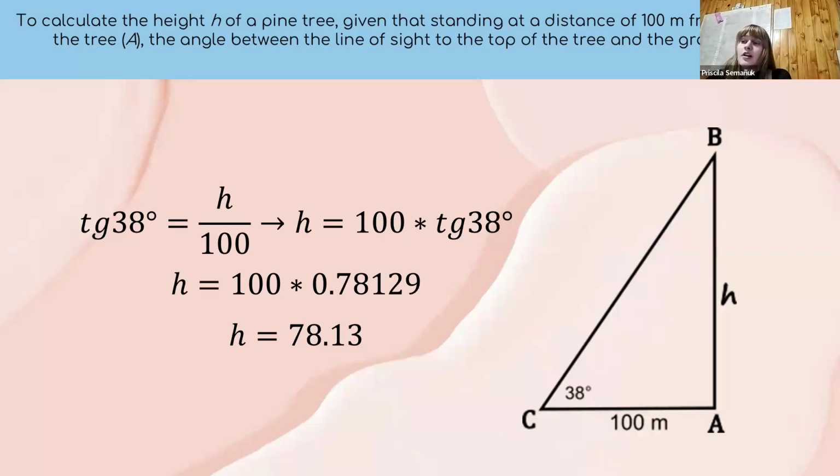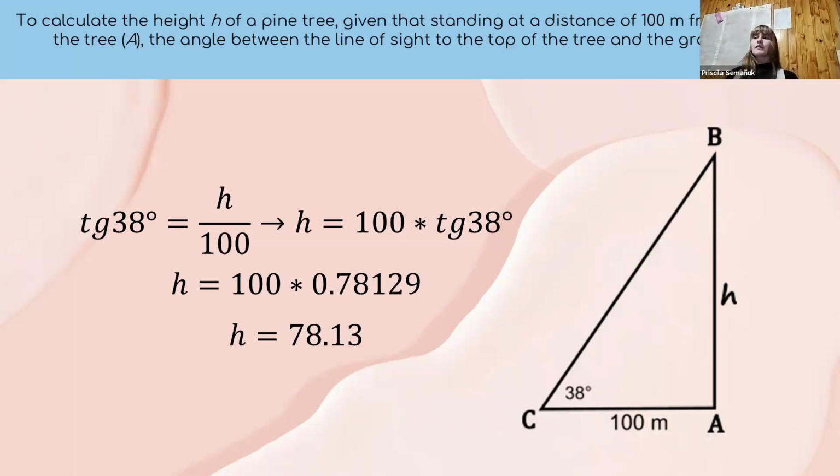So, first one, to calculate the height, h, of a pine tree. Given that standing at a distance of 100 meters from the base of the tree, A, the angle between the line of sight to the top of the tree and the ground is 38 degrees. So what does it mean?